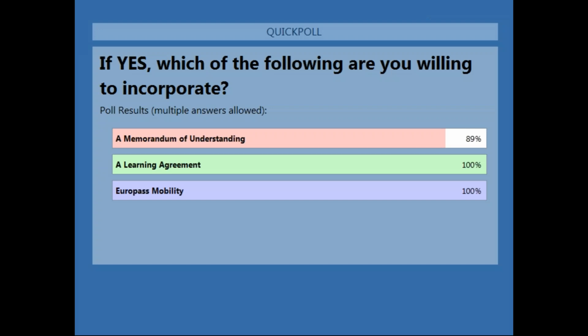Right. Everyone's going to use the learning agreement, which is good. Everyone's going to use Europass mobility, and all of them, 90%, will be using a Memorandum of Understanding. So high figures there, and hopefully our webinar has helped you in your decision on that basis.